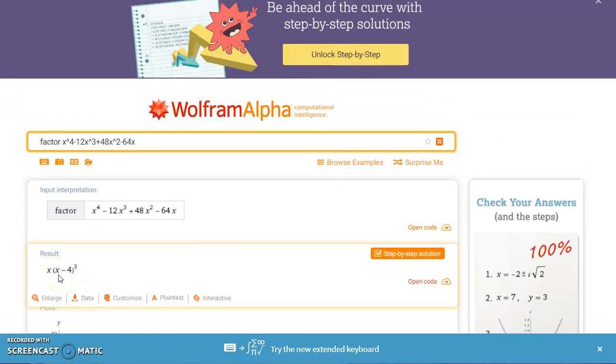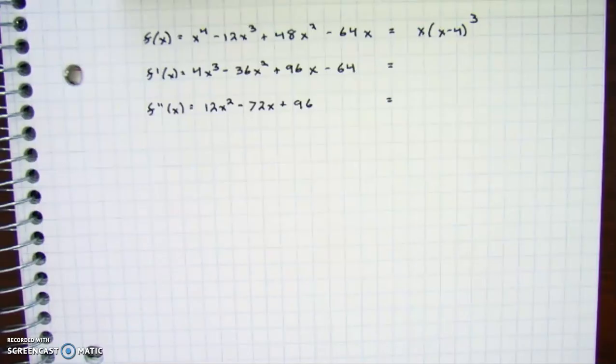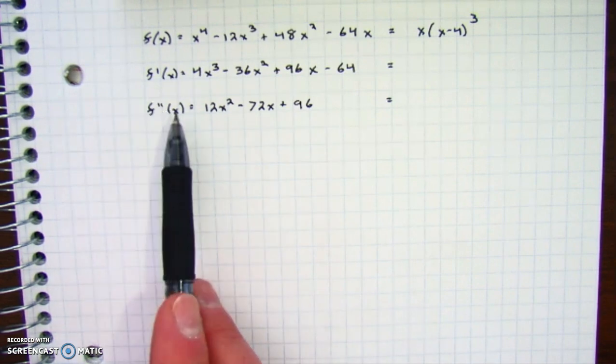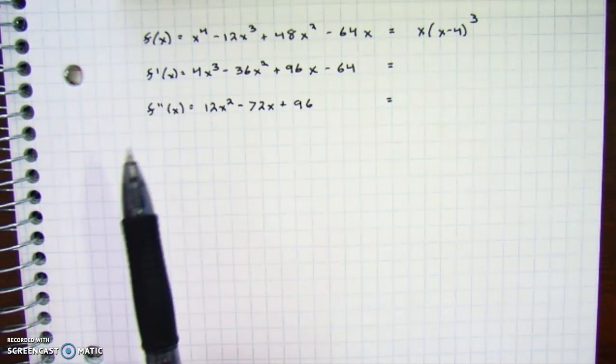This equals x times x minus 4 cubed. You can do that for the first and second derivatives also if you want.